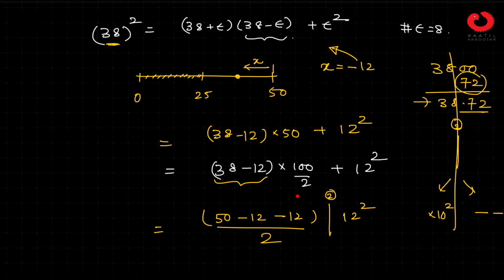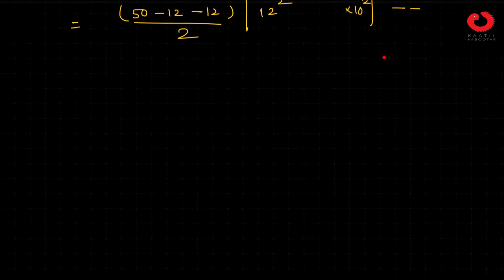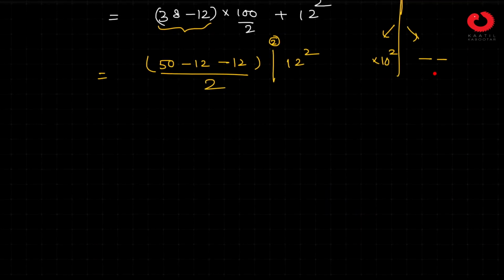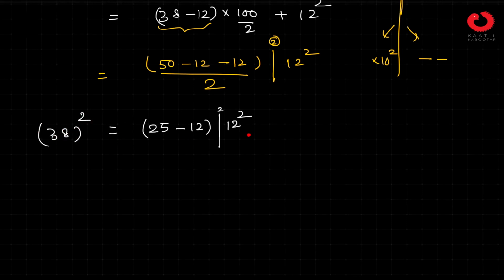Now on the very next step, I will be putting this 2 inside and it will become 25 minus 12, 2 and 12 square. I hope you are able to understand this. I have put this 12 inside, this 50 becomes 25 and this 2 times 12 becomes 12. So this 38 square, I am writing this.